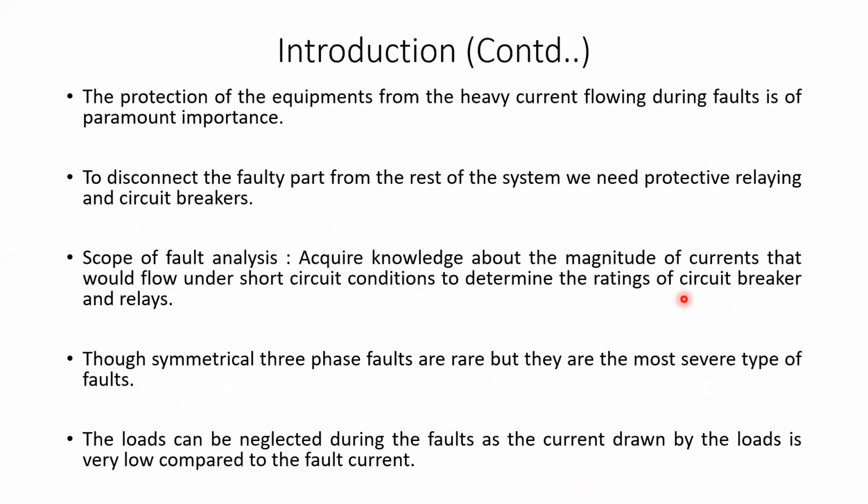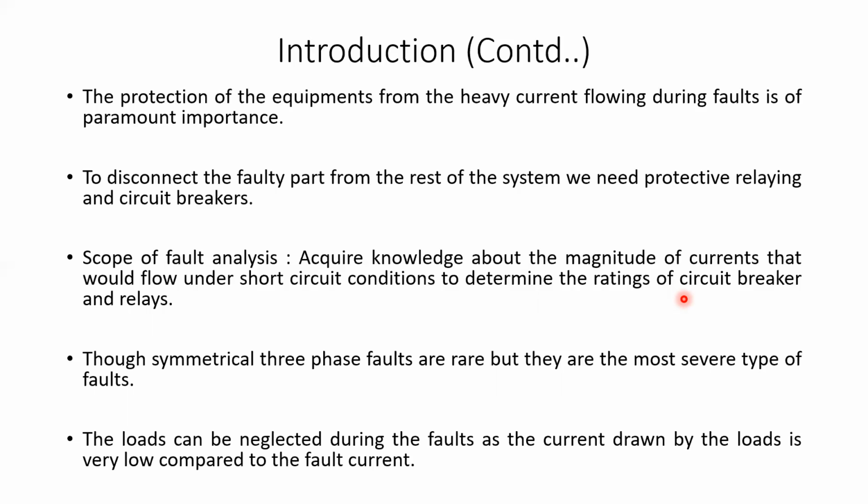The protection of the equipment from the heavy current flowing during faults is of paramount importance, and that is very clear. You can understand that the equipment has a certain power rating and can handle up to a certain current. Now, when a short circuit symmetrical fault occurs, heavy current flows through the circuit, and most of the equipment connected to the line may not be able to withstand that heavy amount of current.